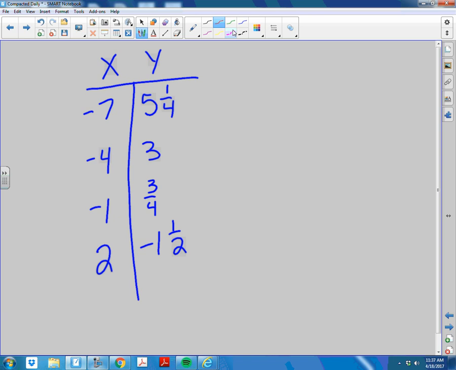If I said, is this a proportional relationship, where would you begin, Alex? I would start at negative 4, 3.